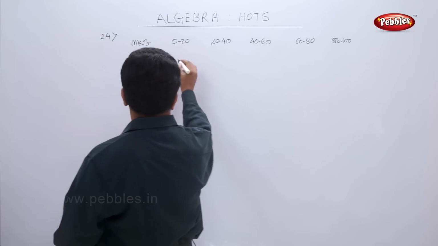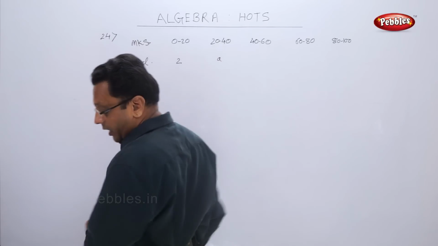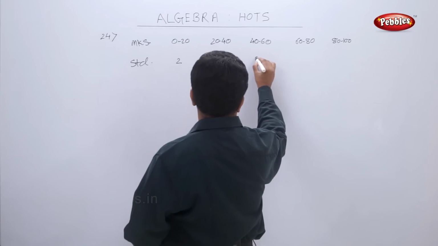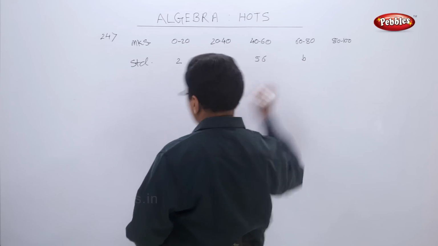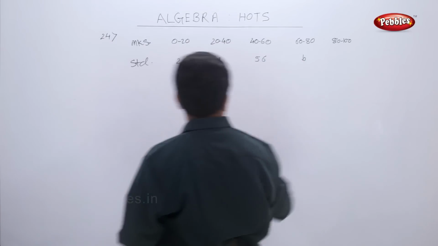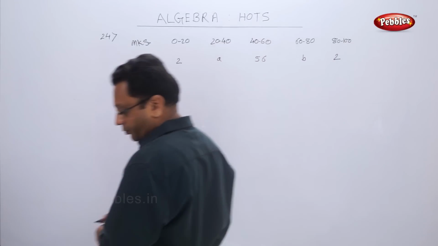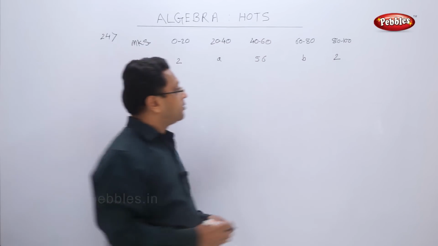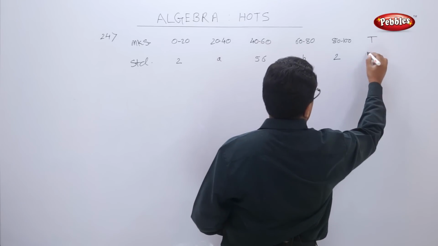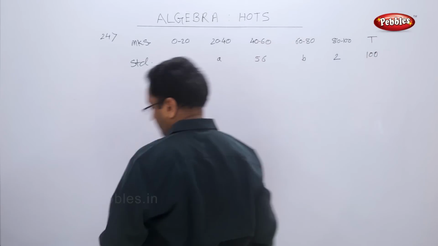They are given as 2, A, 56, B, 2, and the total number of students they have given is 100.